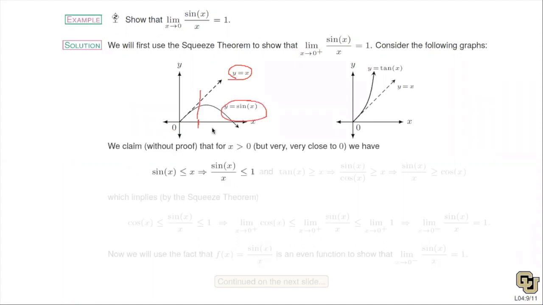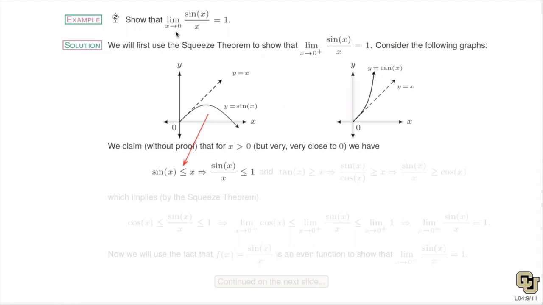In this section here, sine of x is less than or equal to x, you can see. In this whole section here, approaching all the way to 0.